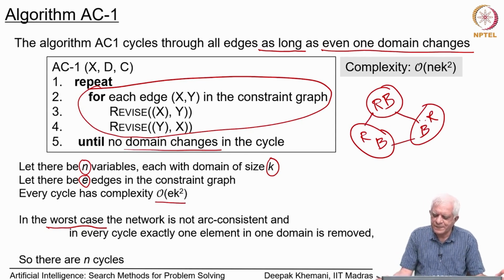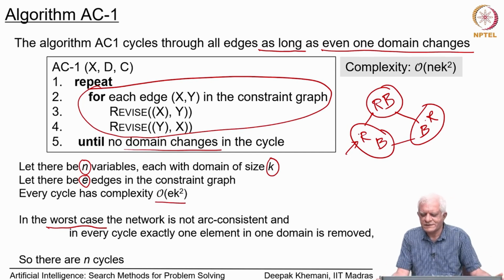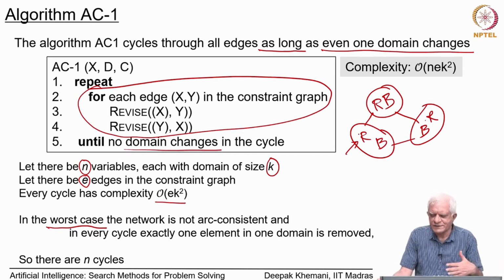You can see that this network is arc consistent to start with, because you choose any value here. So, supposing you choose red here, you can choose blue in the other two. If you choose blue here, you can choose red in the other two, and likewise for the other variables. So, clearly by definition this is arc consistent, but if you observe this network closely, you will see that it does not have a solution in fact, even though it is arc consistent.